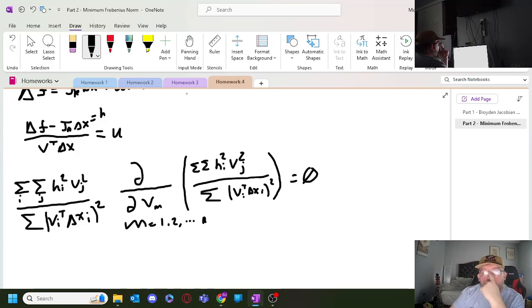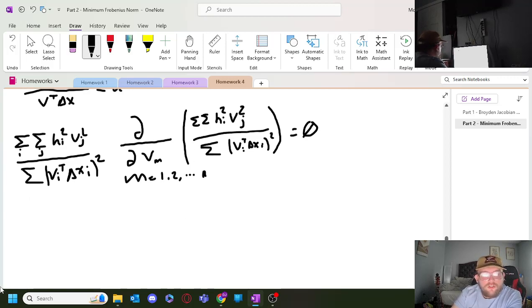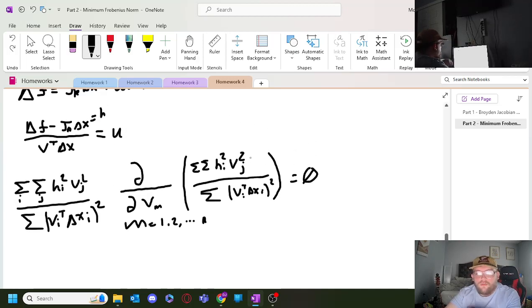So what we have is two functions here, so we've got to use chain rule and product rule. First up is differentiation by parts. The first term we're going to look at is up here, where we're taking it with respect to vector v sub m. Up here we take the derivative of this.